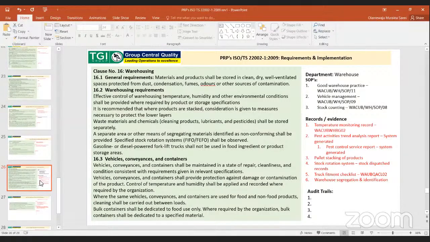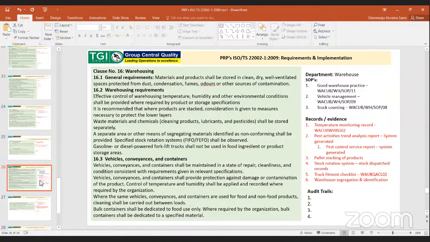Records available: we have temperature monitoring records, pest activity trend analysis, and the pest control service report too. We have pallet stacking of products. We also have stock rotation for stock dispatch, which is monitored in the system, and there's a record for that too by the warehouse manager.